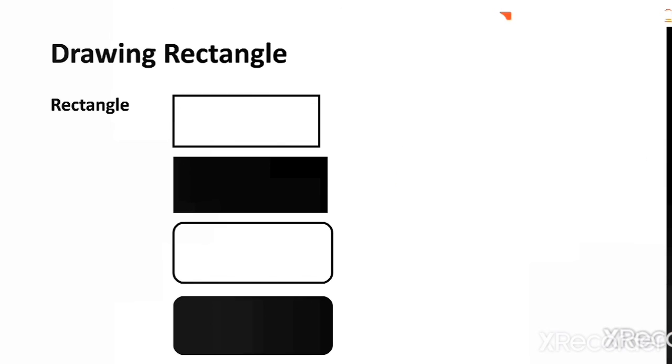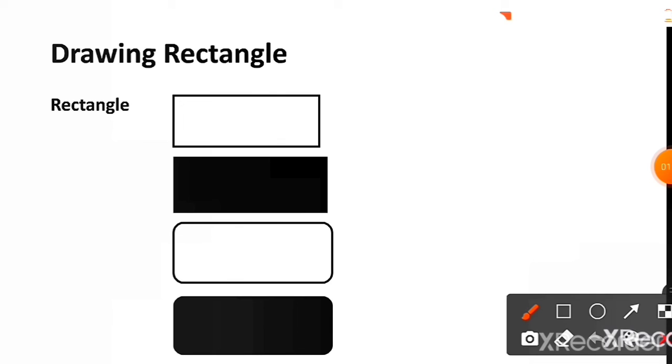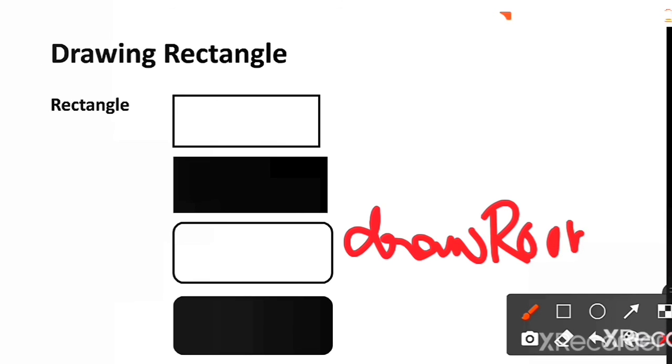The next type of rectangle is a rectangle of this shape, that is a round rectangle. To draw a round rectangle, the Java Graphics class supports a method called drawRoundRect.